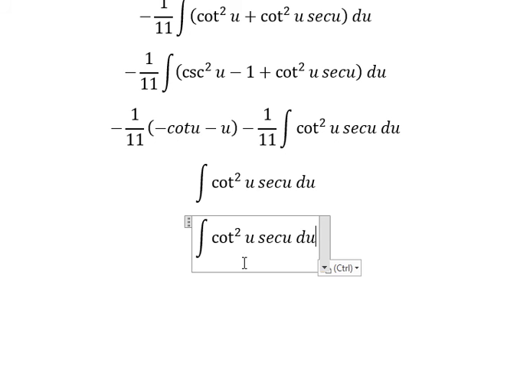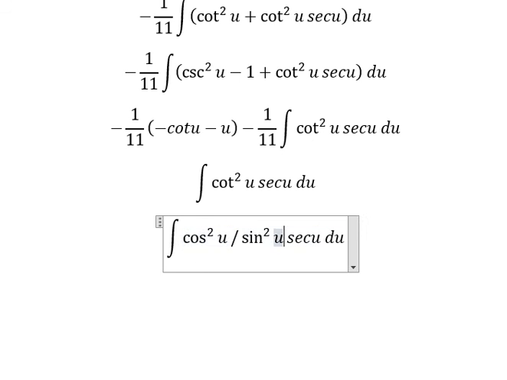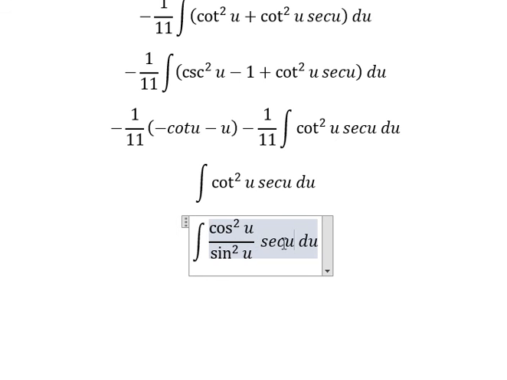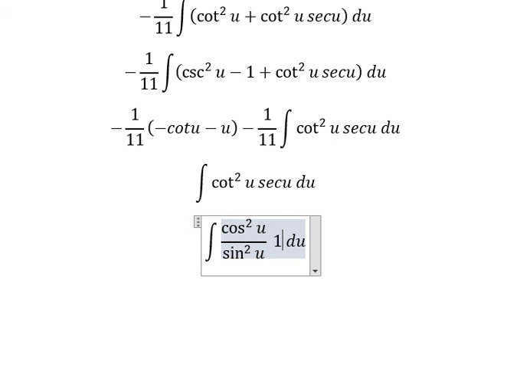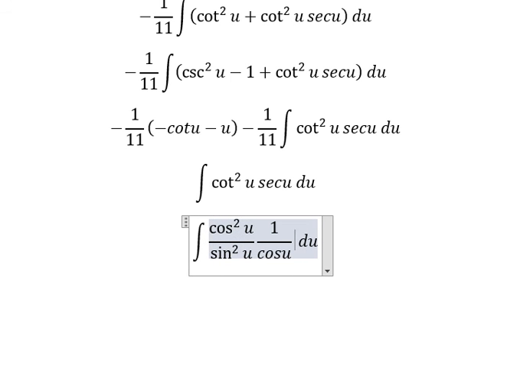We know that cosine u square is cosine u square over sine u square. Secant of u is 1 over cosine u. Now we need to simplify cosine u, cosine u.